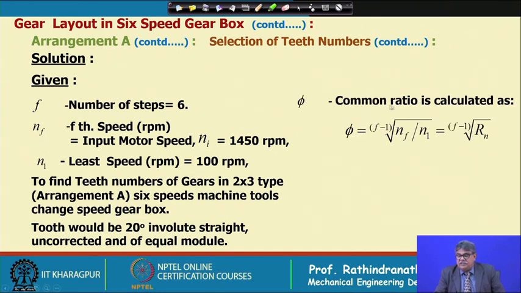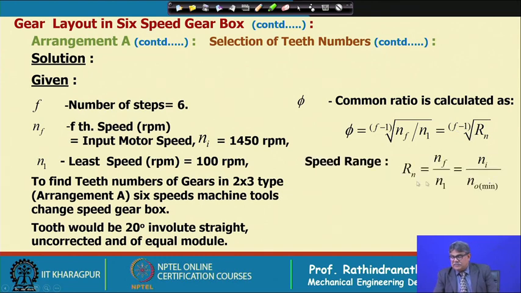Now, first we find the common ratio in the GP series, which we can calculate by using this formula, where Rn is the speed range, which is Nf by Ni, that is, input RPM divided by minimum output RPM.